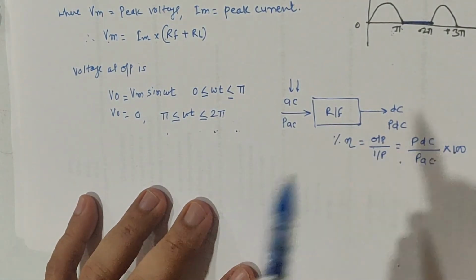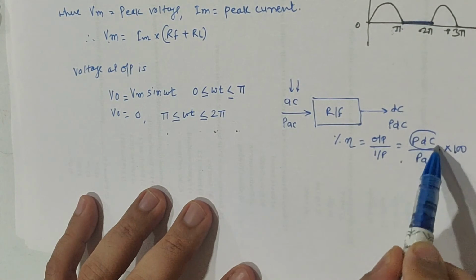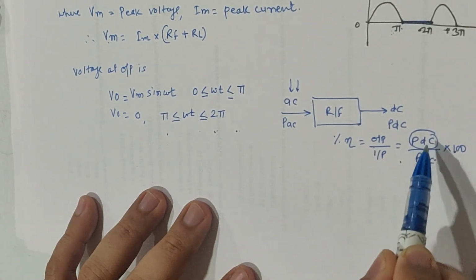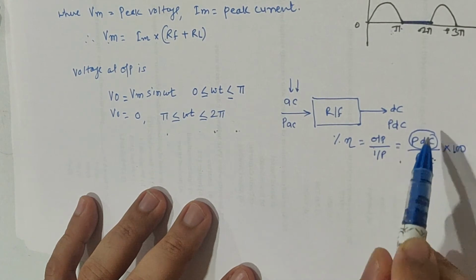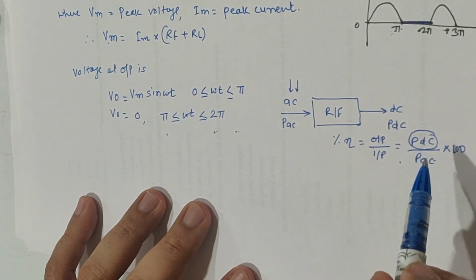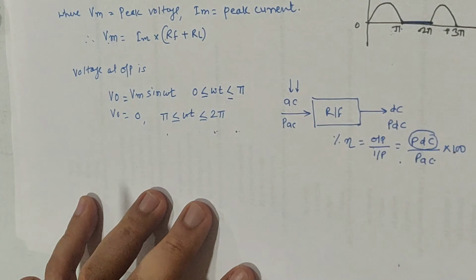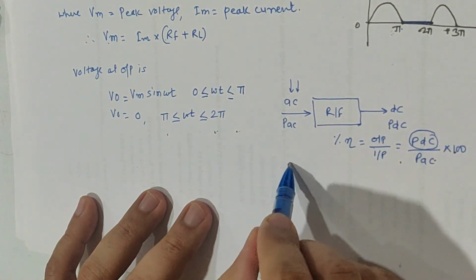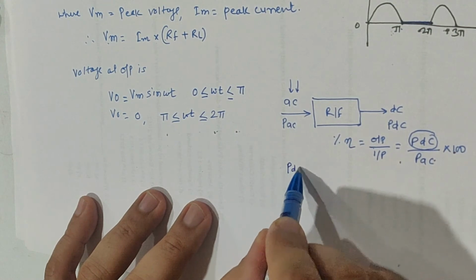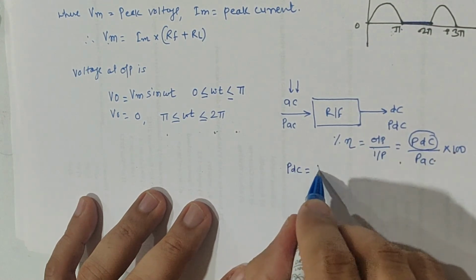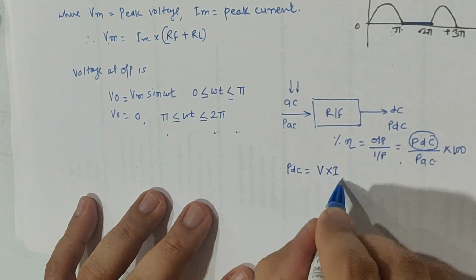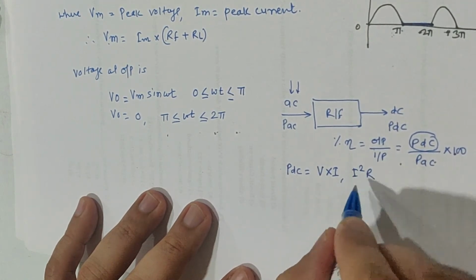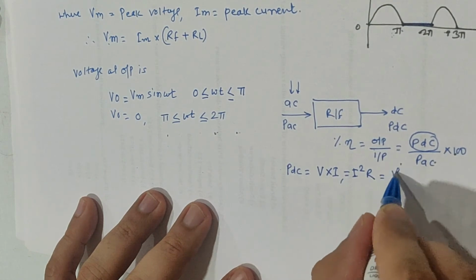But to know PDC, the power of the DC supply, and the power of the AC supply, these two quantities can be calculated by calculating the voltage and the current, because you know that power in electronics can be calculated by V into I, or I square into R, or V square by R.